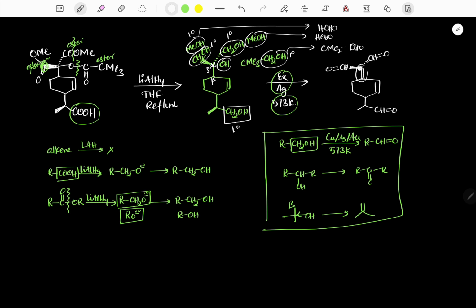Primary alcohol gives aldehyde, tertiary alcohol gives dehydration. And of course the alkene won't be affected here. So this is our final product.